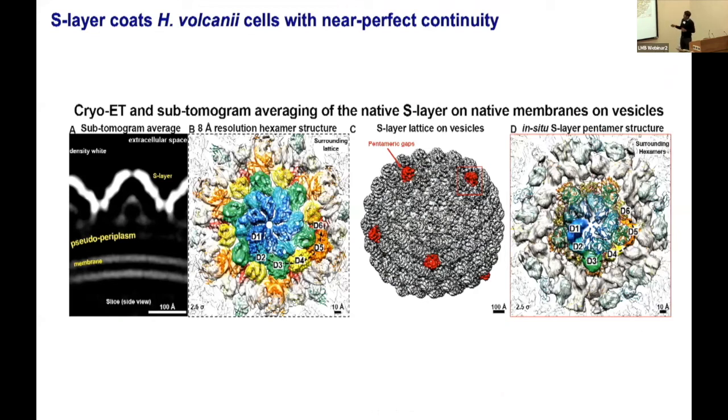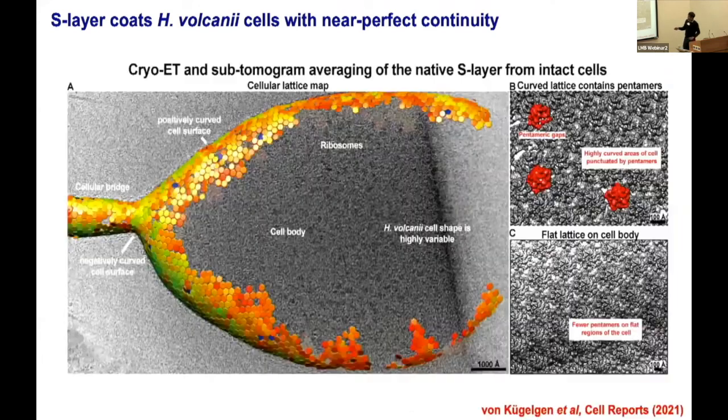So it appears that the pentameric defects, if you look at subtomogram averaging from a cell, are present in places where the lattice is highly curved or the cell is highly curved. So the pentamers might be a mechanism for the cell to induce curvature. And I should say that these cells can mate with each other, and they form these cytoplasmic bridges where they can exchange genetic material. And of course, they're dividing, and the division needs invagination of the cell membrane. So the induction of curvature is probably regulated. We don't know yet. It's a great question.